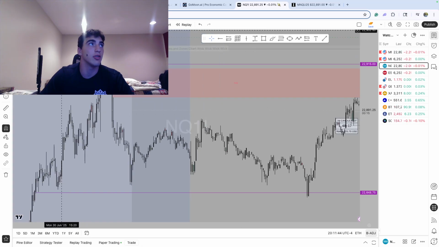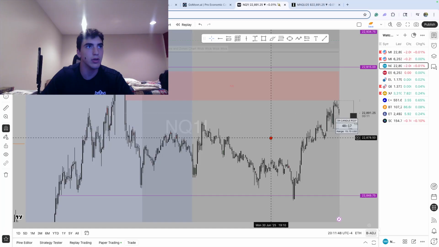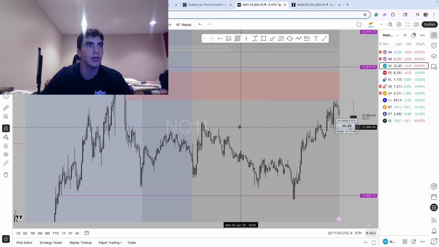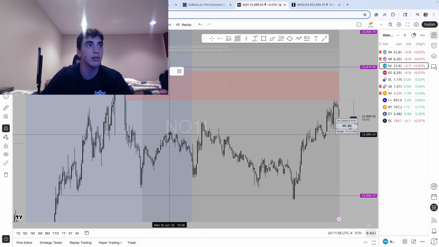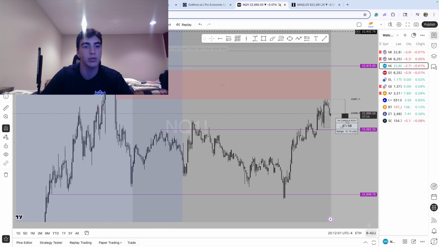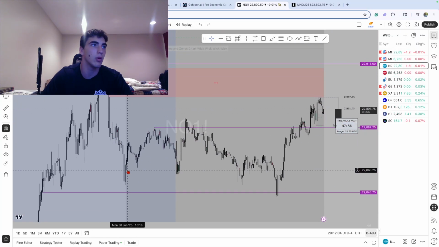Within market structure, especially on the 1-minute, you will see moments in time where liquidity is swept once again. So again, let's just say we didn't get in perfectly at this liquidity sweep, and we're going down. We're watching market move.